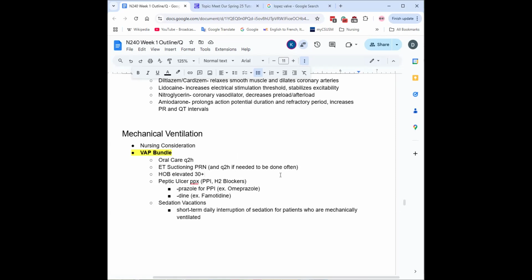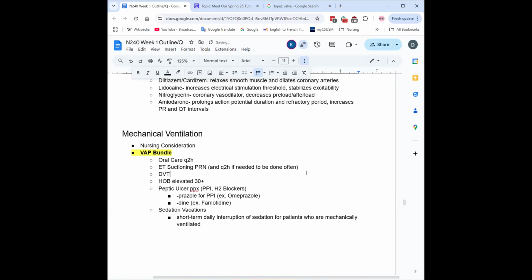And then if the patient's on a ventilator, they're not moving very often. So what do you want to prevent? Yeah, DVT is technically one of them. So DVT prevention: your subcutaneous heparin, subcutaneous Lovenox.